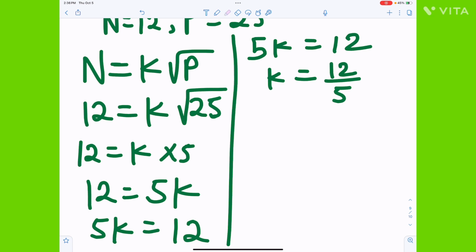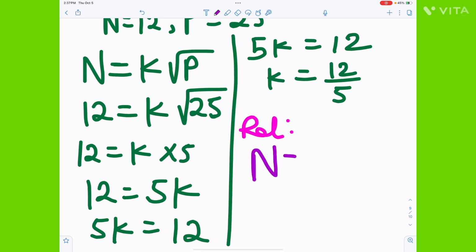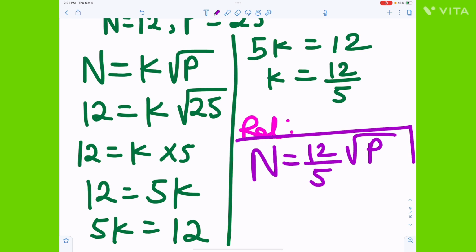So in your relationship where you wrote n is equal to k times root p, just change the k to its value, 12 over 5, and we get what we need. So my relationship will be n is equal to 12 over 5 root p. That's all. We just change that k to 12 over 5.